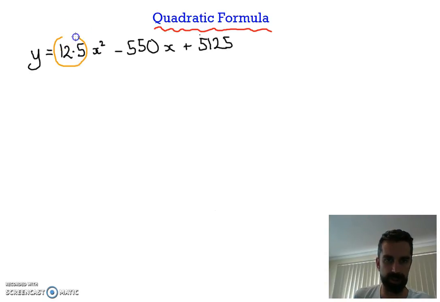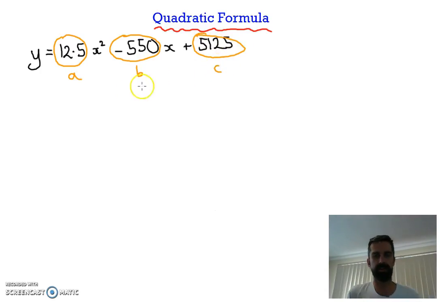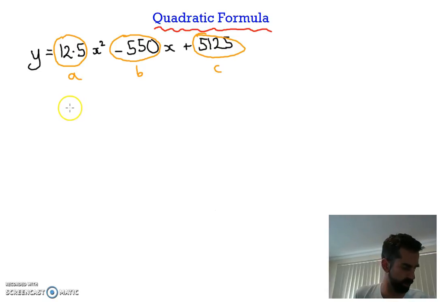So let's have a look at these numbers. 12.5 is my a value. Negative 550 is my b value. And 5,125 is my c value. So I'm going to go back to my quadratic formula and say that the solutions are x equals negative b, which is negative negative 550. So I've used the brackets here.